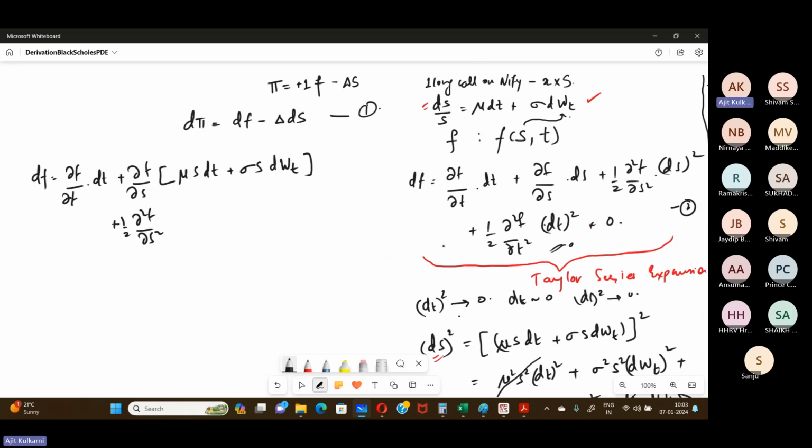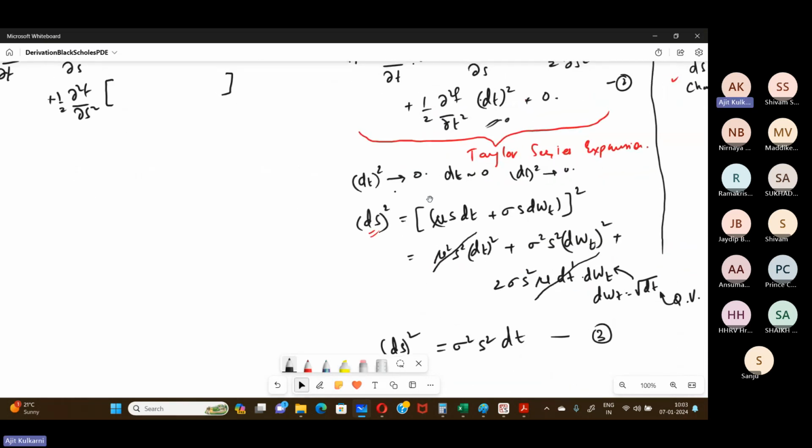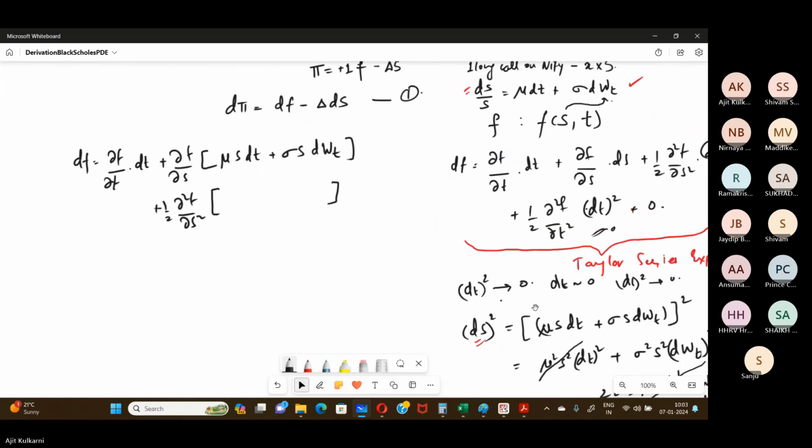The term for ds square we just derived, that is sigma square s square dt. So this is the equation for df.